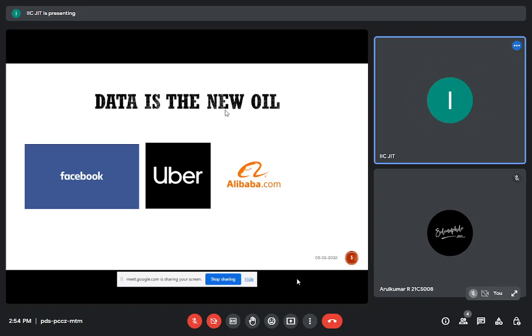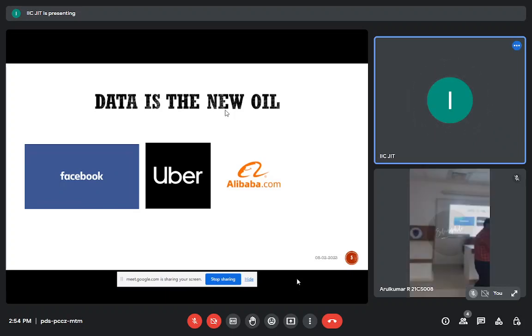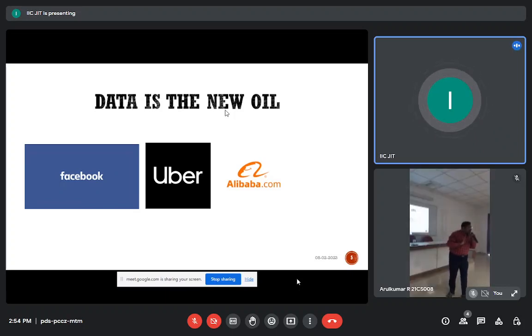But even though Facebook is the largest media company in the world, very interesting thing: none of this content is created by Facebook. Who creates the data? You and me.